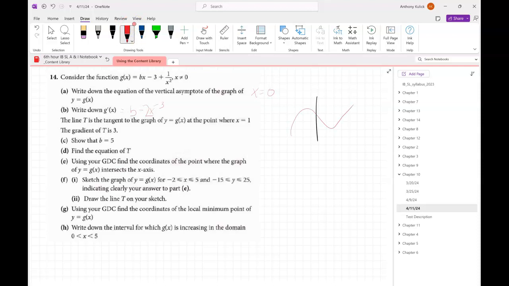So, Gavin, if we have something like this and say this is our point, that's the tangent. It's a line that has the same slope as the function at that point, and it passes through that point.